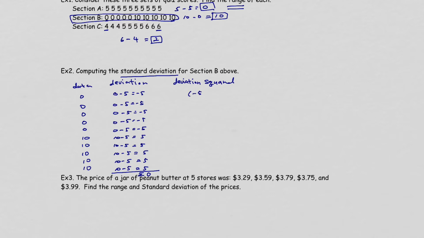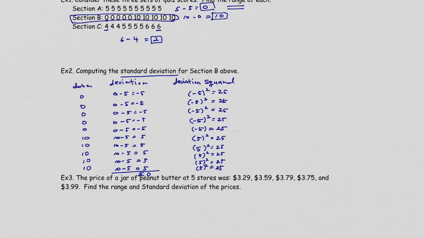So you do negative 5 squared for all 5, and you do positive 5 squared for all 5. This will give you all positive numbers, where when you add them up, you will end up getting 250. So we need to find that number, that's the summation.